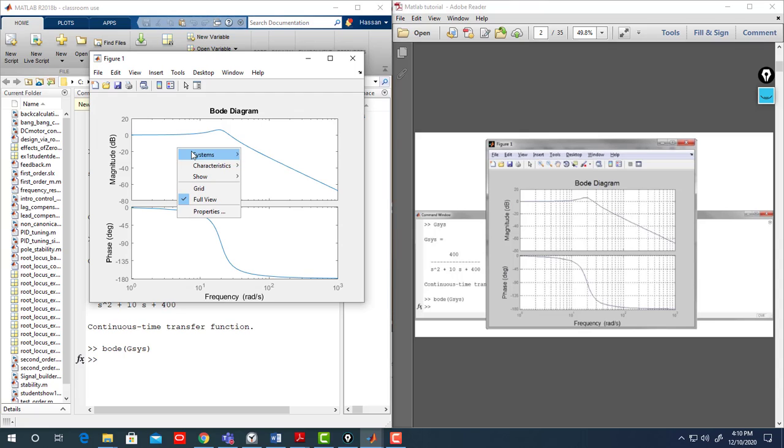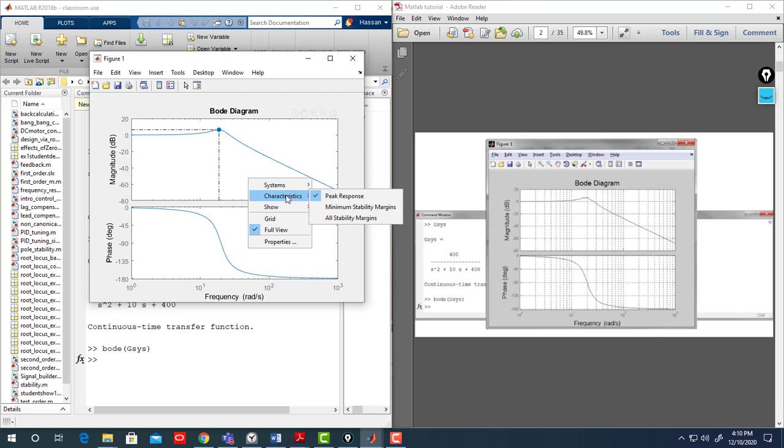Of course, from it you can get the minimum stability margin or all stability margins. So peak response, we know that this is the peak response. It has 6.3 decibel at 18.7 crossover frequency. So I know that this is a crossover frequency. Okay, what is the minimum stability margin?